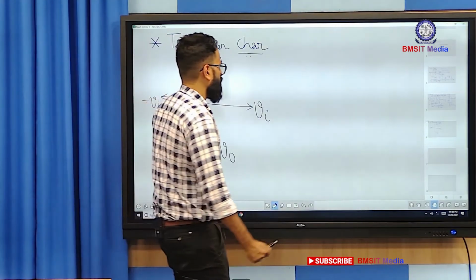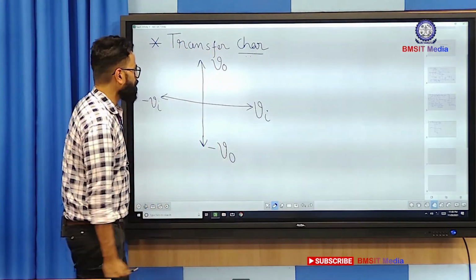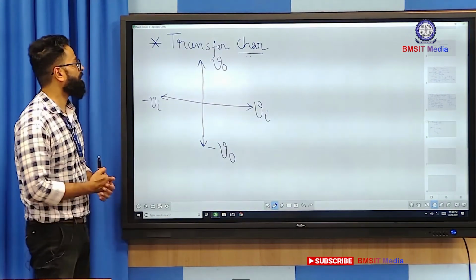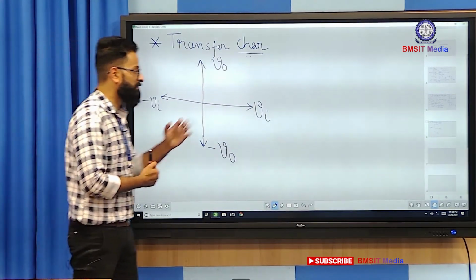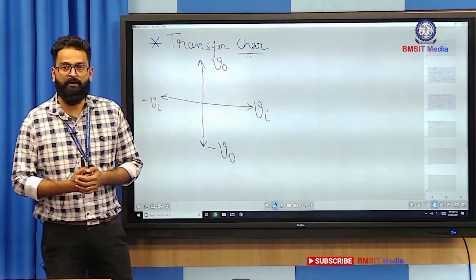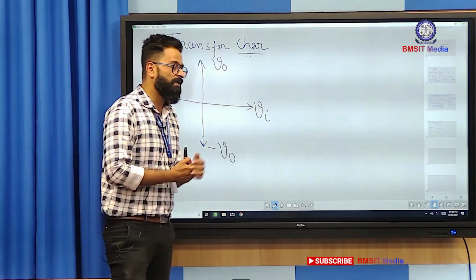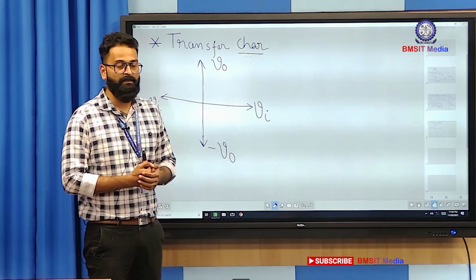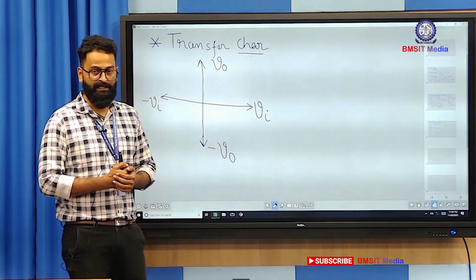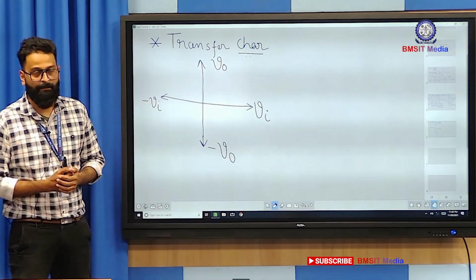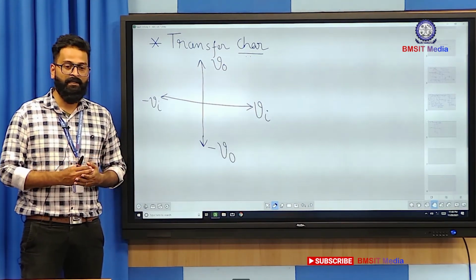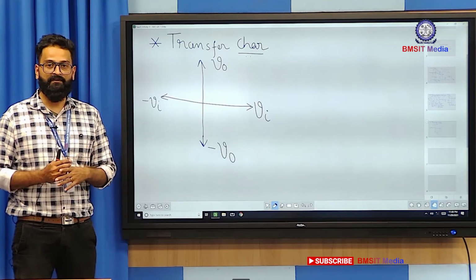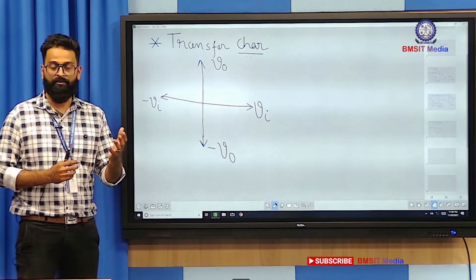Okay. So in simple terms, you can draw the transfer characteristics just by looking at the input and output waveform. So input is sinusoidal in nature and output is also sinusoidal in nature for the positive half cycle. On the other hand, for the negative half cycle of the input, the output was 0.